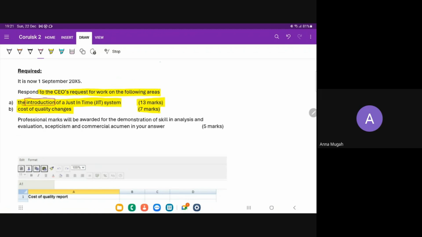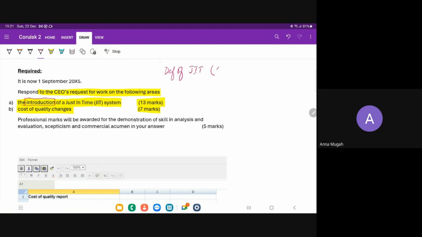Because, just mark my word, whenever you are introducing any new concept in a company, or whenever the company wants you to advise about a new concept, you should always start your answer with the basic definition of the concept. Like in this question, since we are supposed to write on the introduction of JIT system, your answer should start with the definition of just-in-time system.